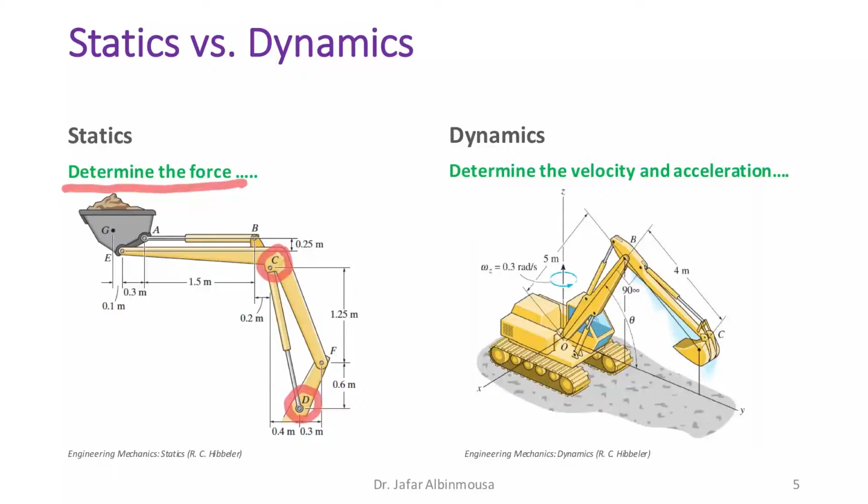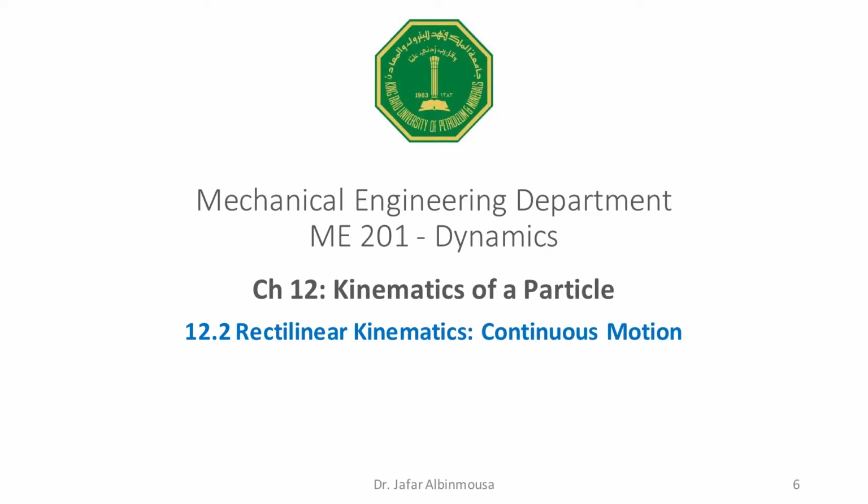While in dynamics, you will be given, for example, some acceleration, or like here we have an angular velocity of 0.3 radian per second at a certain axis, and then you will be asked to determine the velocity or acceleration or even the position for a particular point, like, for example, point C or B or any other part of the body. So this is basically the difference between the two.